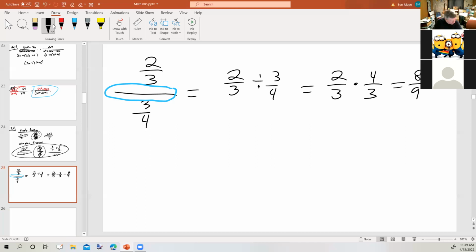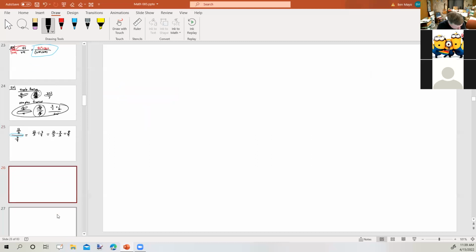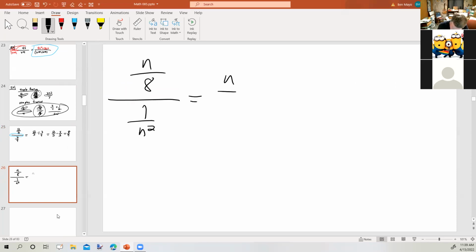Let's take a look at this one. n over 8 divided by 1 over n squared. So this is a complex fraction, but that's equal to n over 8 divided by 1 over n squared, which is n over 8 times n squared over 1.